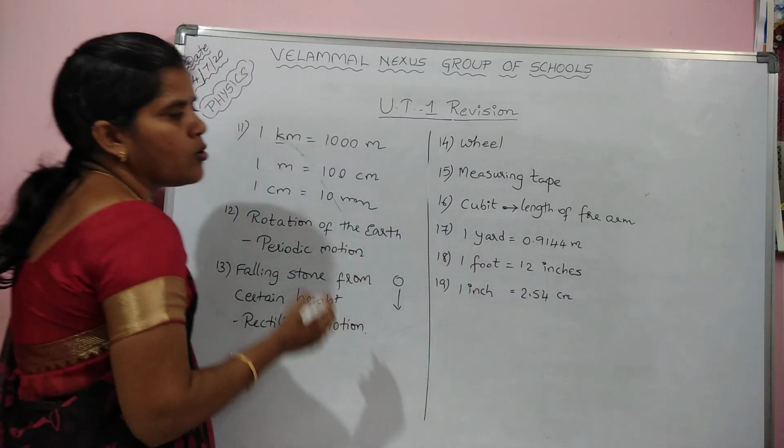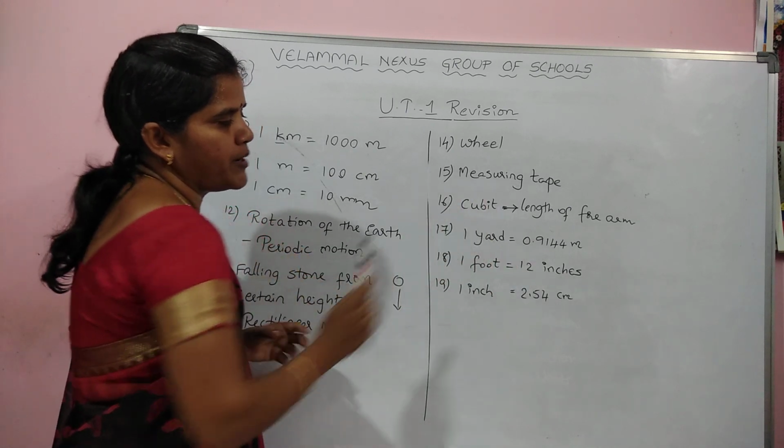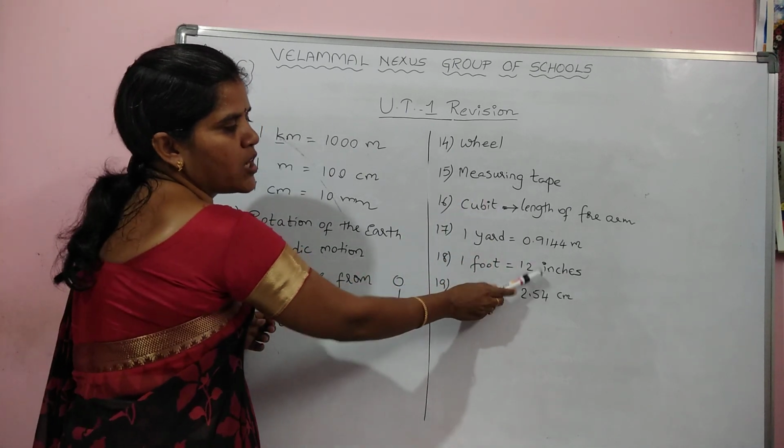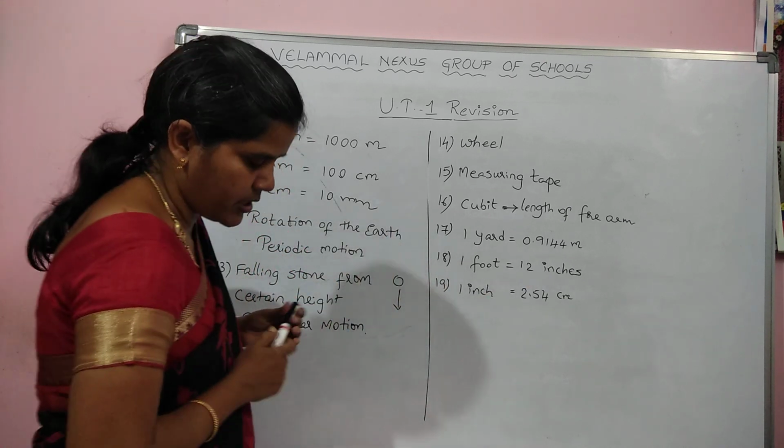I repeat, 1 yard is equal to 0.9144 meter. 1 foot is equal to 12 inches. 1 inch is equal to 2.54 centimeters, children.